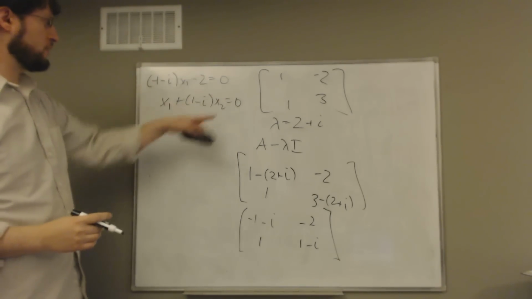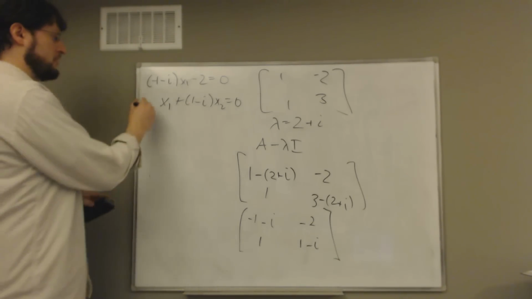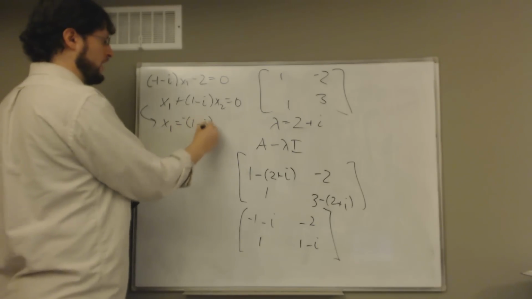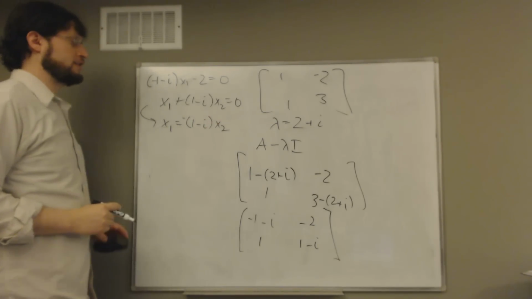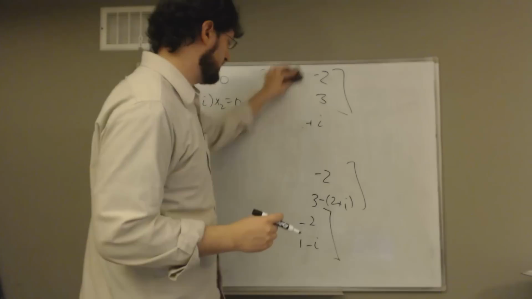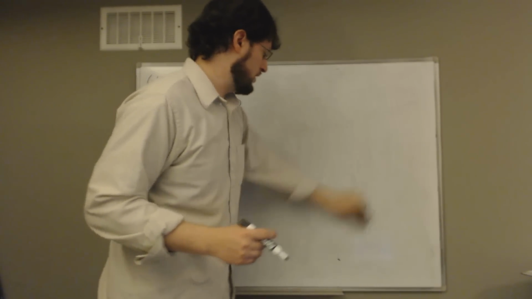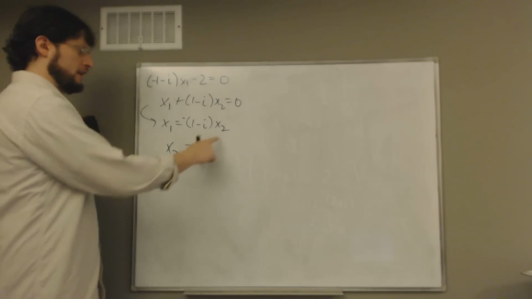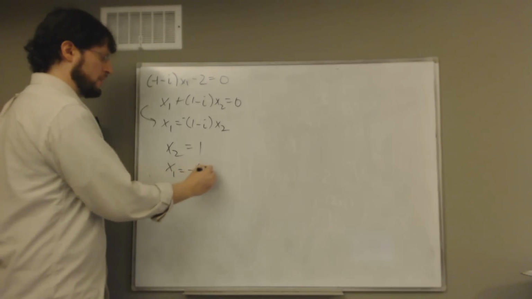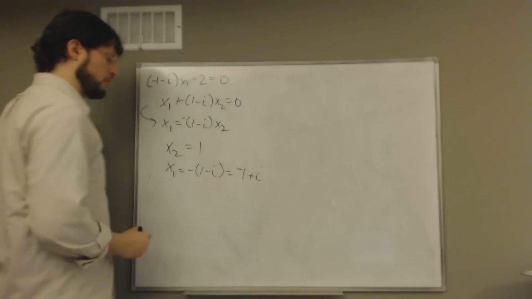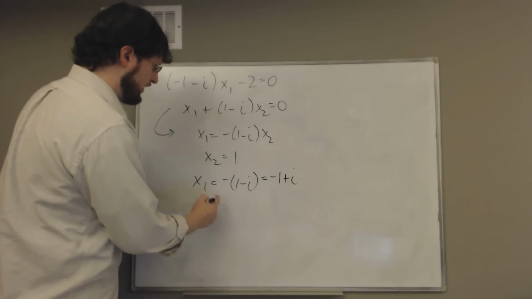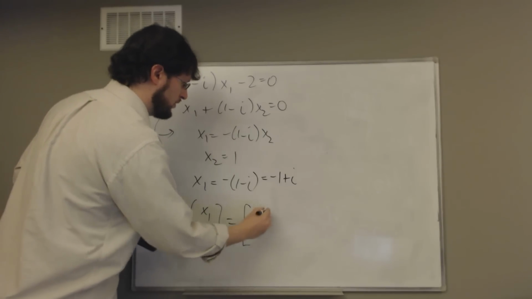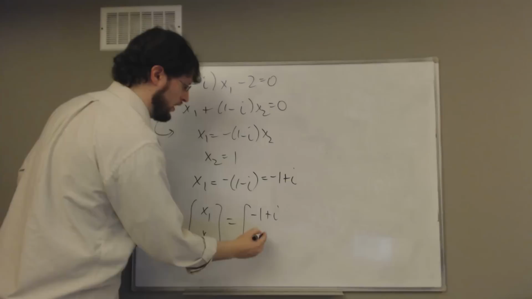We can pick either of these equations to work with. Again, let's just stick with the second one, and we see that x1 is negative 1 minus I, x2. If x2 is free, we can choose it to be anything we want. We will look at some where it makes sense to pick something other than 1, but for right now, let's just pick x2 equal to 1. And if that's the case, then x1 is negative 1 minus I. So we get from these that x1, x2 is negative 1 minus I, 1.